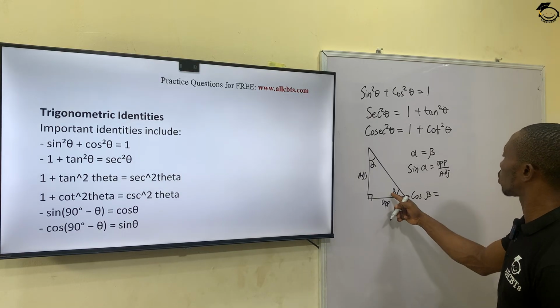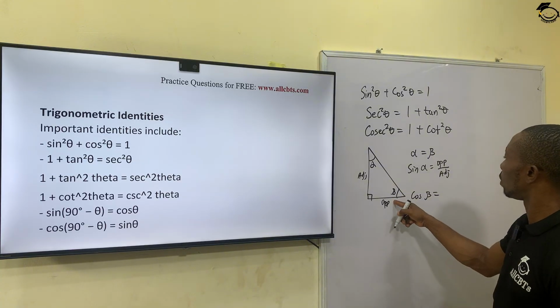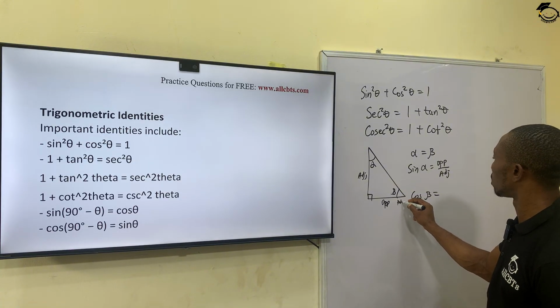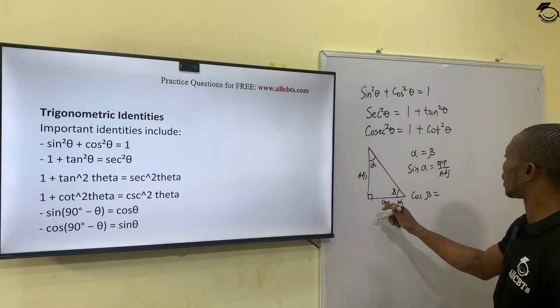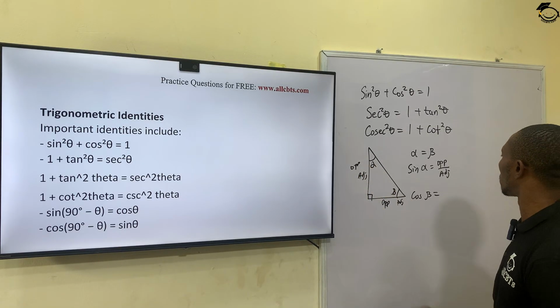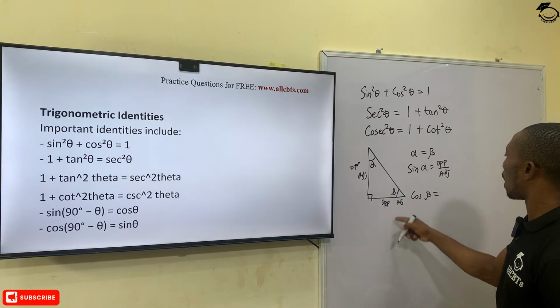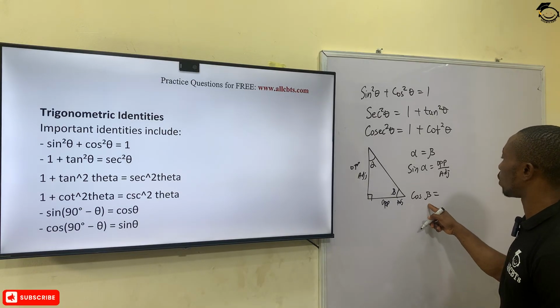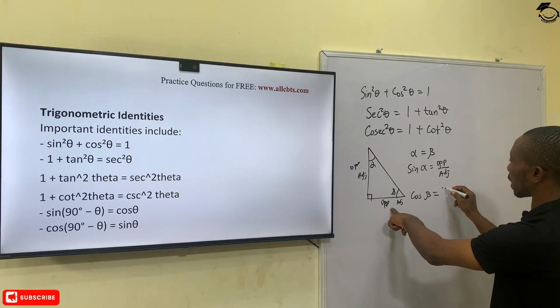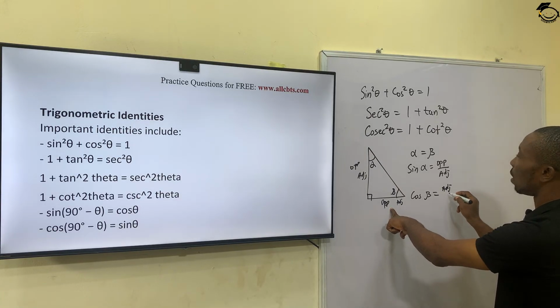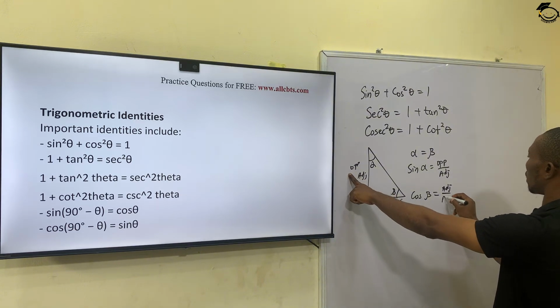And considering cos beta, considering beta, here will be our adjacent, and here will be our opposite. So considering our cos beta, we'll have it as adjacent, which is opposite for sine alpha, over hypotenuse.